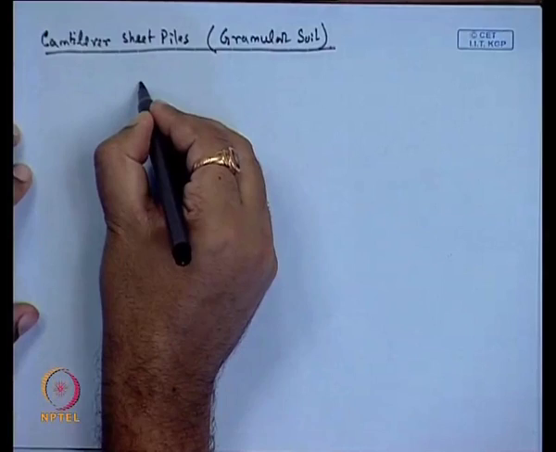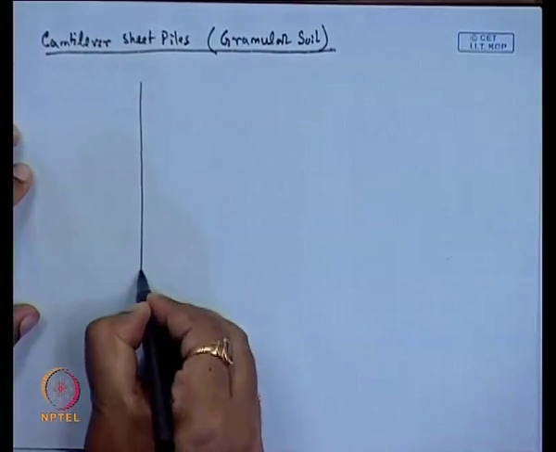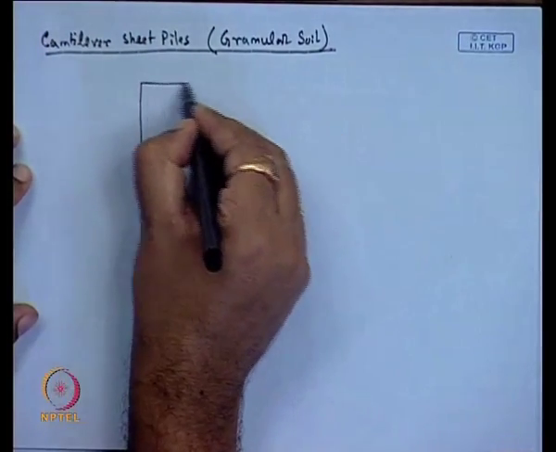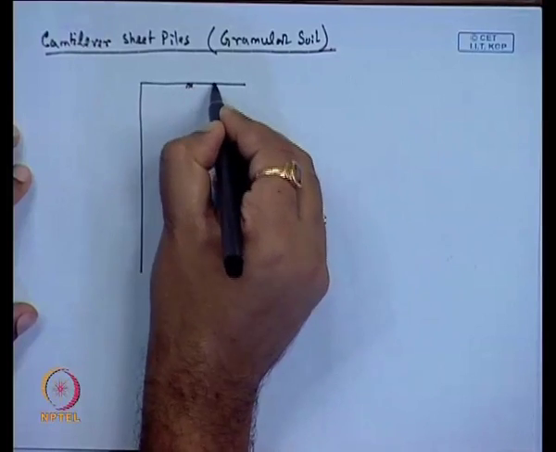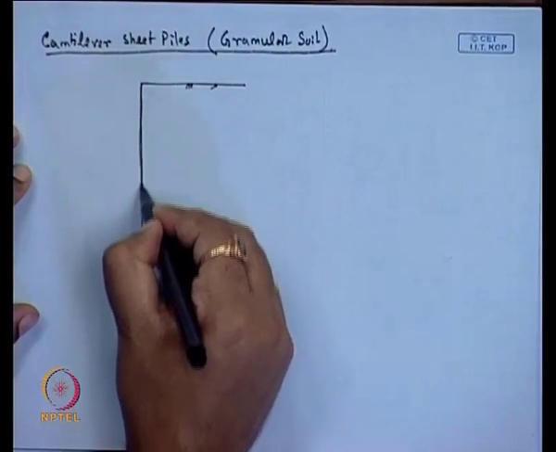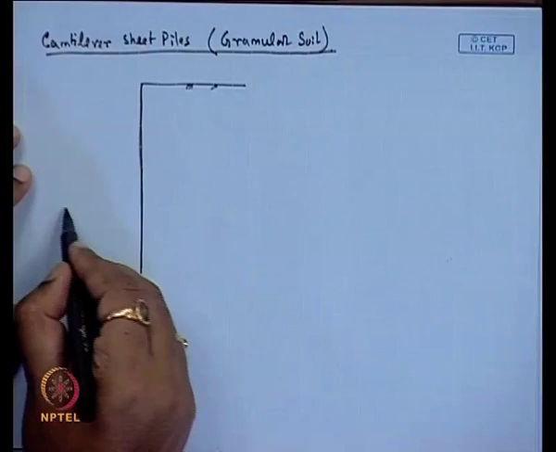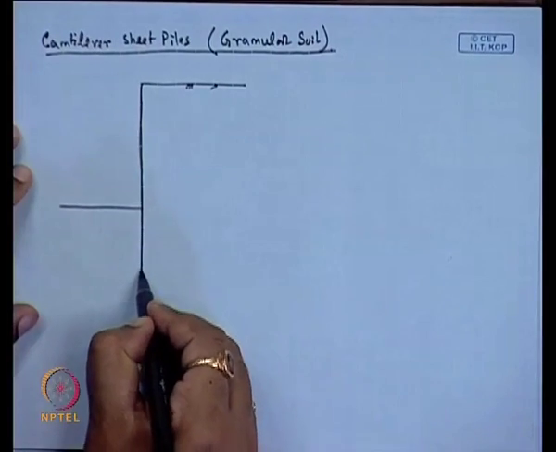So, suppose this is the sheet pile wall and this is the ground surface, and this line is the dredge line.